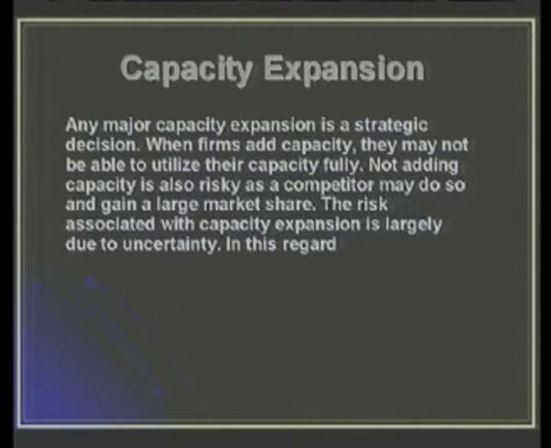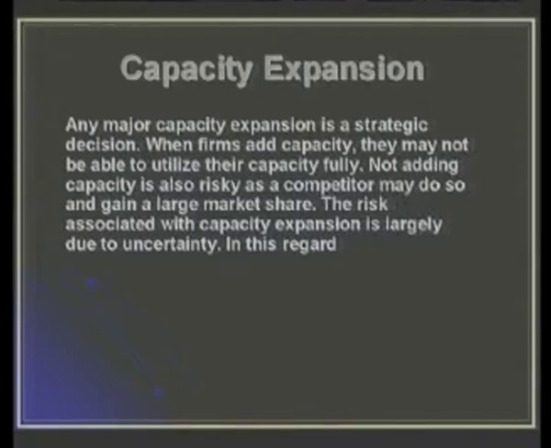Obviously, the reference here is to manufacturing organizations, largely, but management is not only limited to that, but since many examples come from industrial organizations, some of these are related to that. So any major capacity expansion is a strategic decision again, and when firms add capacity, they may not be able to utilize their capacity fully.